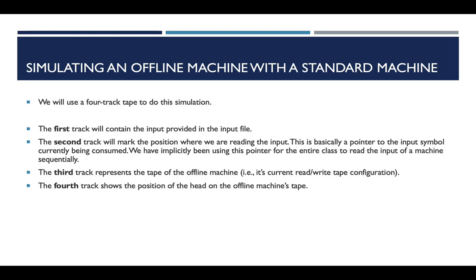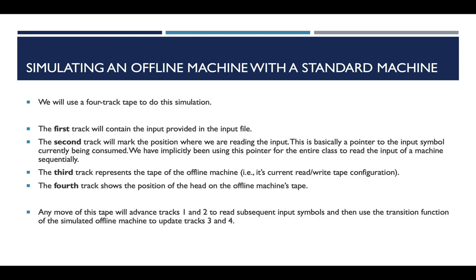And then we also have a track that keeps track of where the read-write head is on that read-write tape. And so basically any move of this machine will do a couple different things. It will advance tracks 1 and 2 to identify which letter or which symbol is currently being processed.